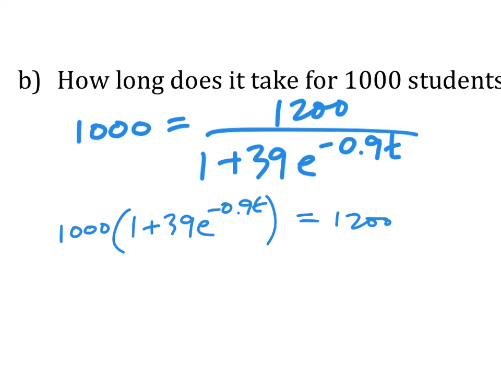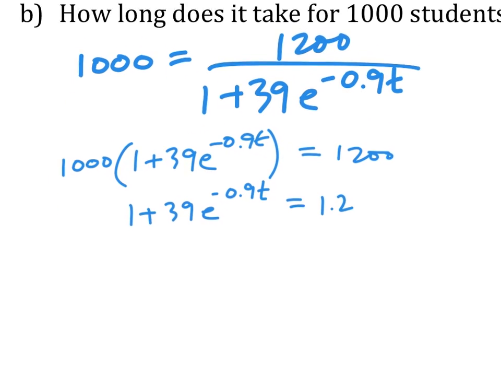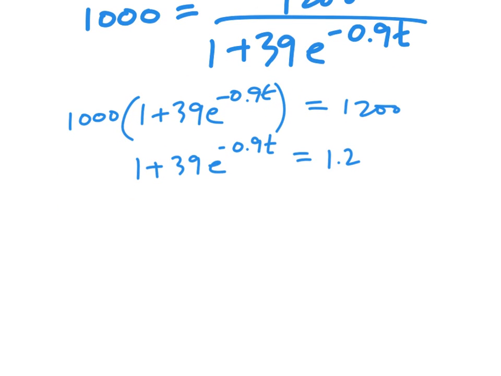Now what? You want to divide by the number in front, not distribute. So 1,200 divided by 1,000, that's 1.2. Now what? Subtract 1. And then what? Divide by 39.